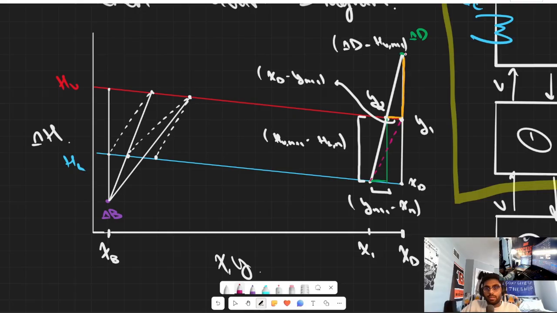You draw from your delta D point, you draw down to your liquid composition, and it gives you the next Y value. And then you go off and you say, well, what is the liquid composition that is in equilibrium with this Y composition? You'll go ahead and you'll find that point, and then you'll go ahead and draw another straight line, basically. And then you rinse and repeat this process over and over again.